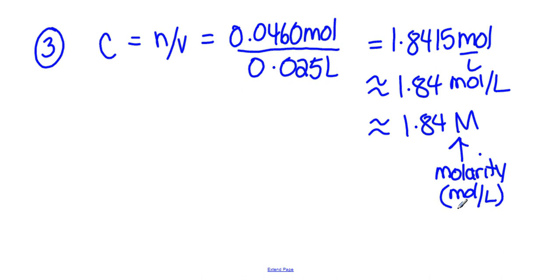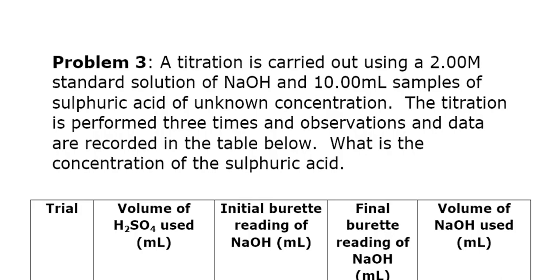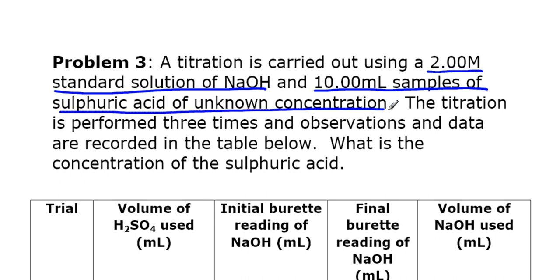All right, one last problem, and this is going to look at some actual titration data. So here we've got a titration carried out. It's using a 2 mole per liter standard solution of sodium hydroxide. And the titration was carried out with 10 milliliter samples of sulfuric acid of unknown concentration.